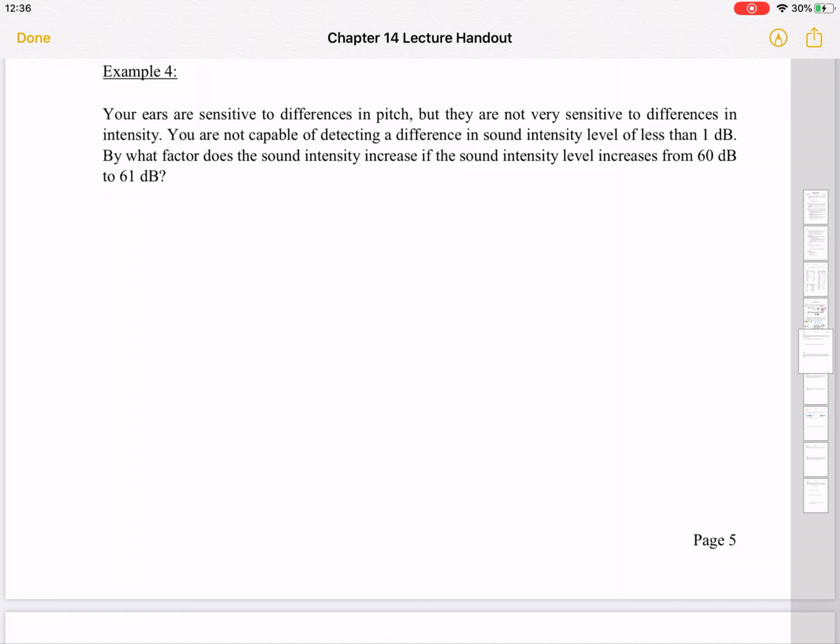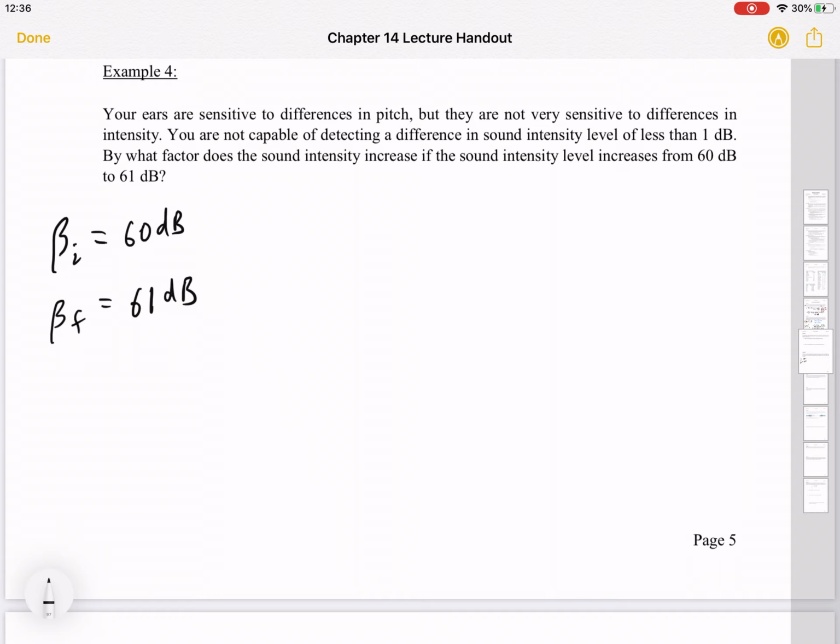Okay. So I want to know, by what factor does the sound intensity increase if we go from 60 to 61 decibels? Right? By what factor does this increase? So let's write it this way. Beta initial is 60 decibels. Beta final is 61 decibels.